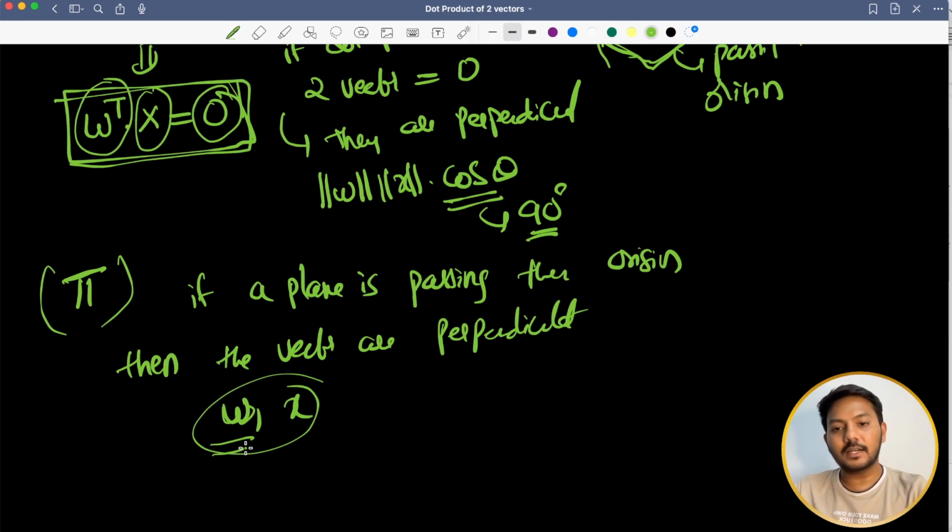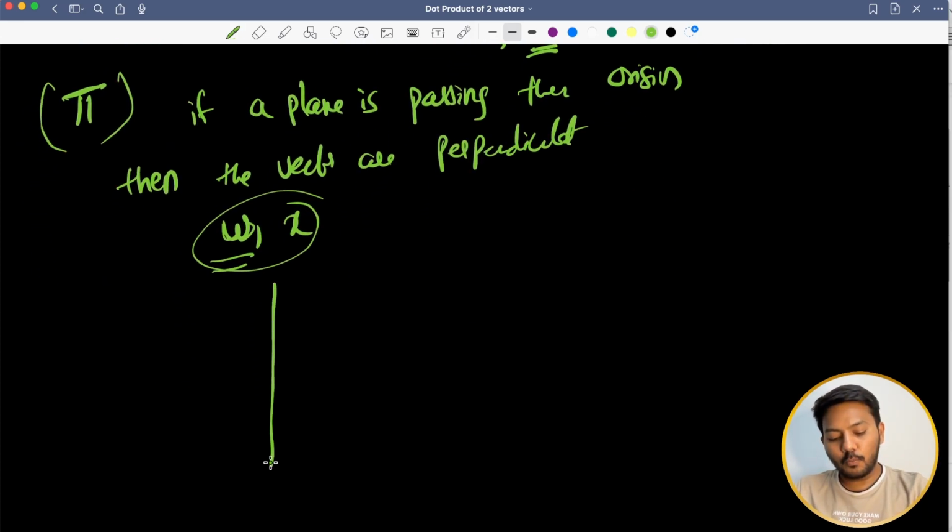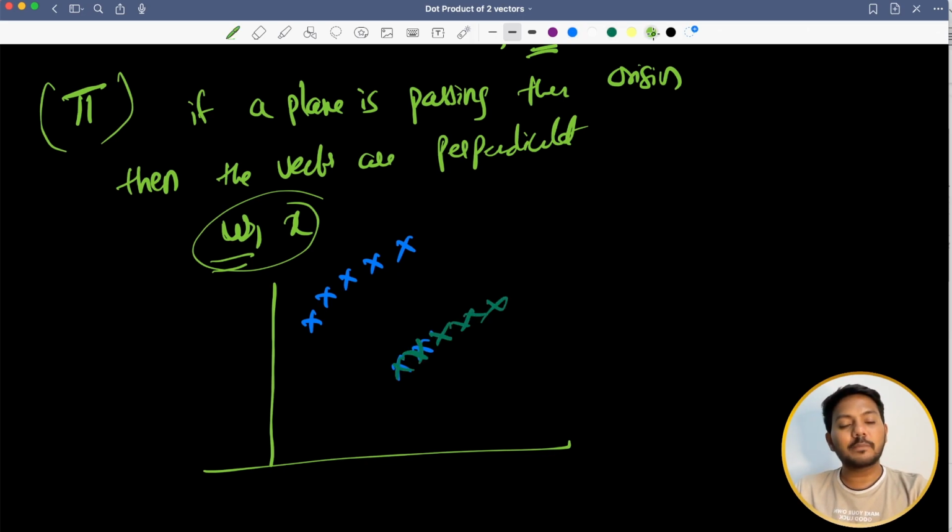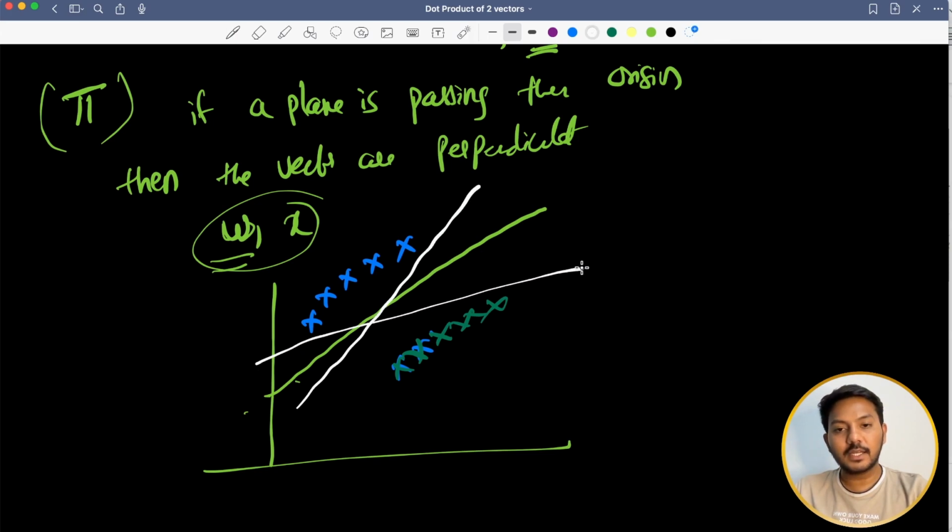So we have seen, when we have different groups of points, let's say these points, and I have another color of points like this. What is our goal as machine learning? We want to find the best fit line between these two. It could be this line, or this line, or this line, or it could be going from the origin.